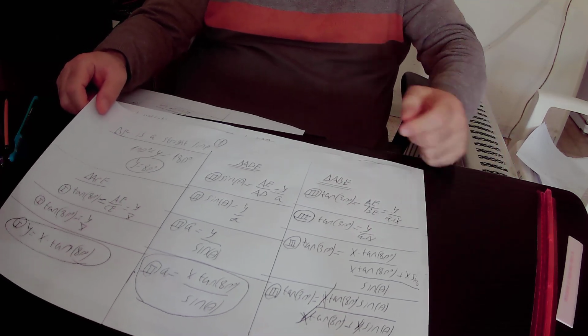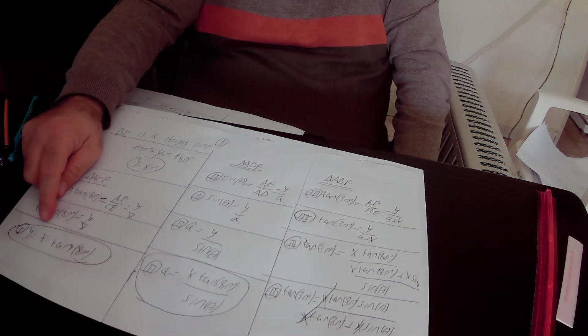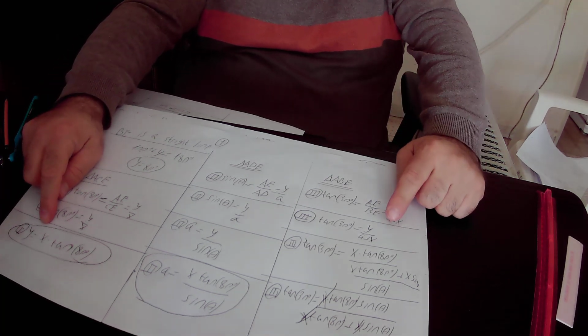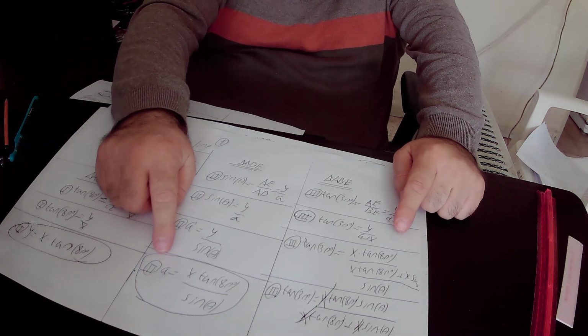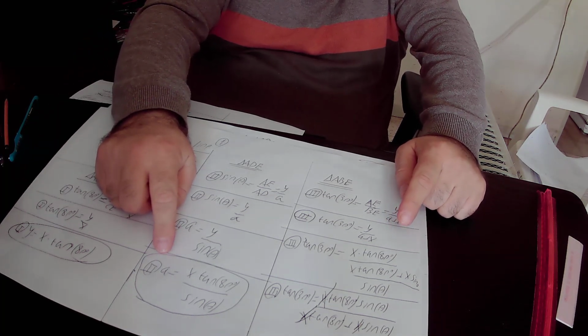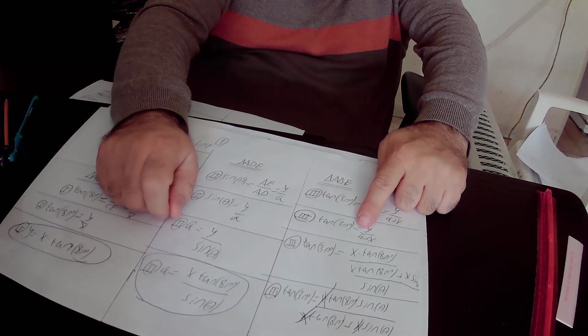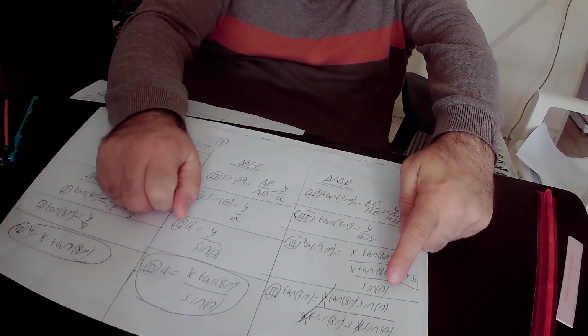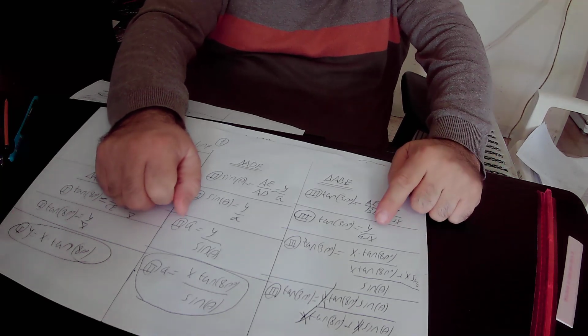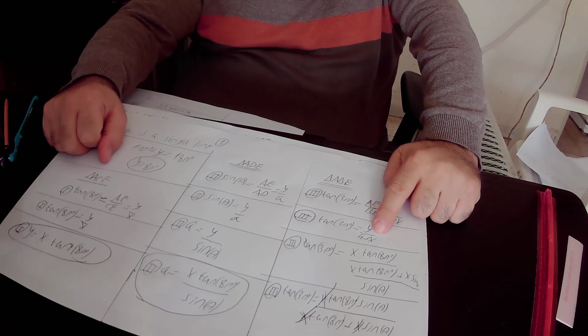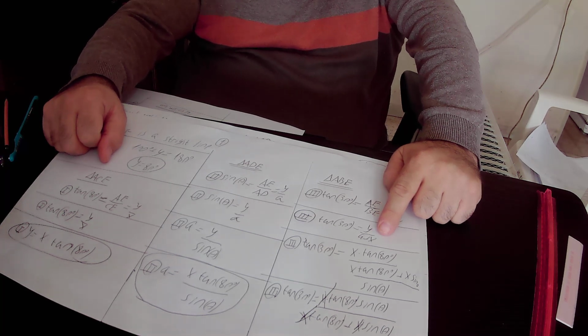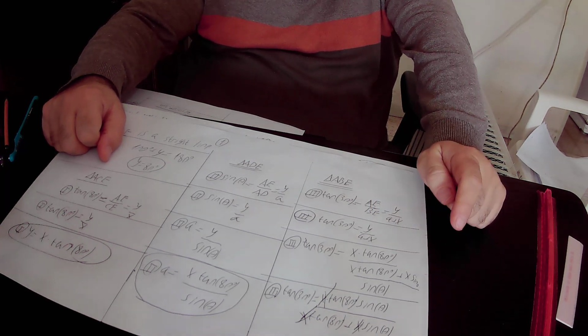Here, according to equation number 1, Y equals X times tangent 80 degrees, so we substituted Y by X times tangent 80 degrees. And according to equation number 2, A equals X tangent 80 degrees over sine theta, so we substituted A in equation number 3 by X tangent 80 degrees over sine theta, and we also have to add X to this equation. So we multiplied X by sine theta and then divided by sine theta, so we changed nothing.